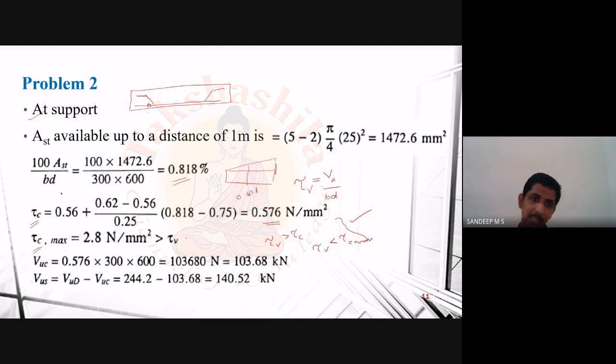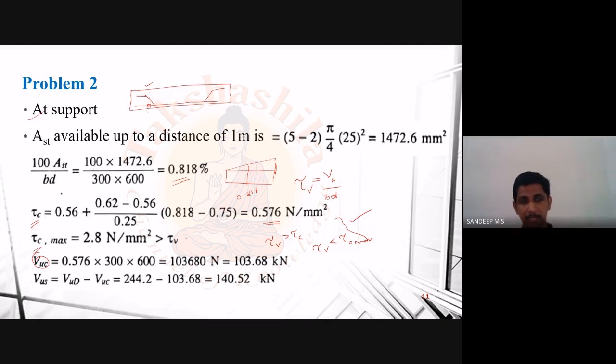Then the next step is, what is the amount of shear force that can be carried by my concrete section? These things we have already seen in the previous problem. Our concrete section will be able to carry some amount of load without including the effect of this bent-up bar. Please note, without the effect of this bent-up bar.